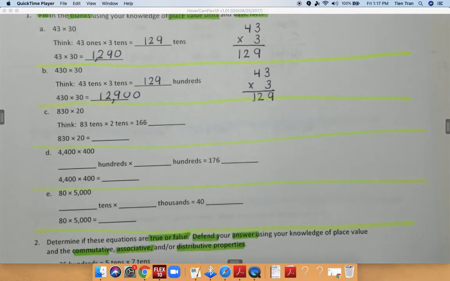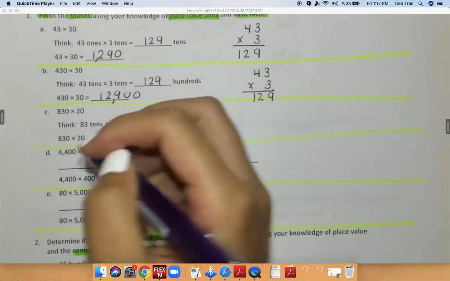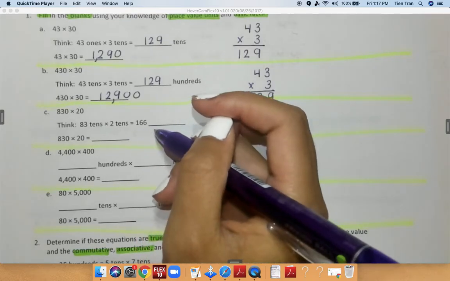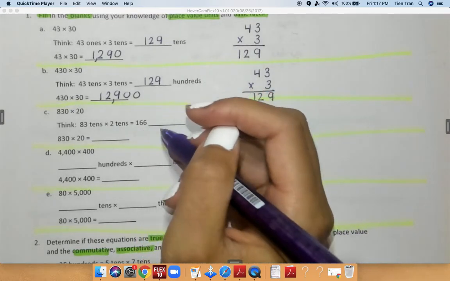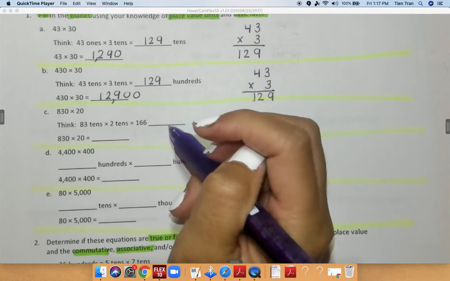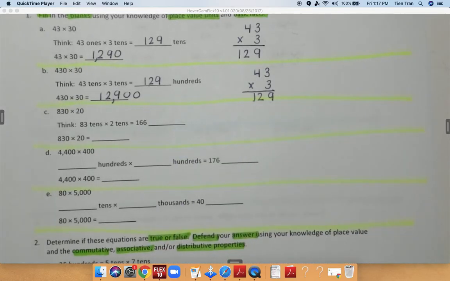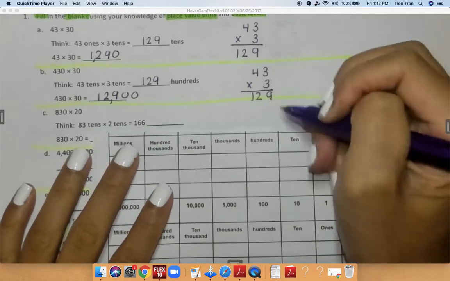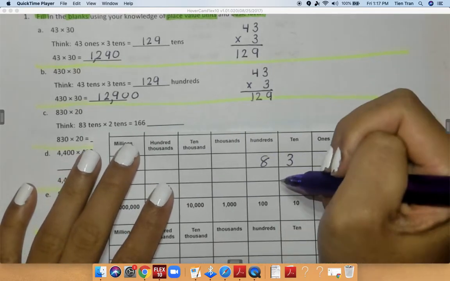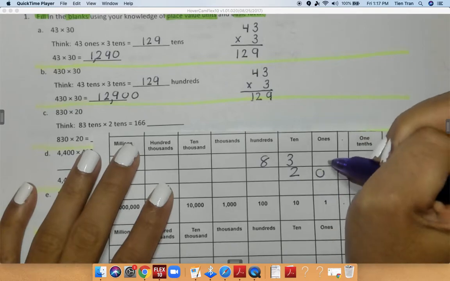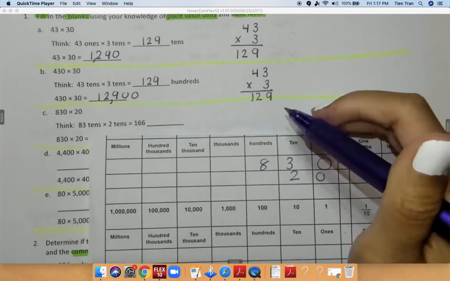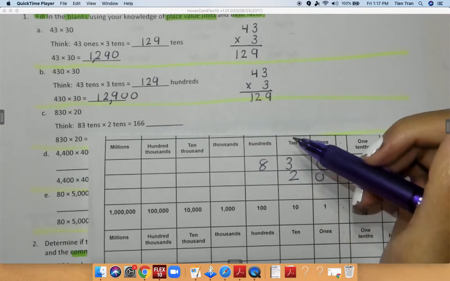So I'm multiplying 830 times 20. So 83 tens times 2 tens is equal to 166 what? So that kind of helped you here. So if I were to plug in 83 tens and 2 tens, I would get 166 what?